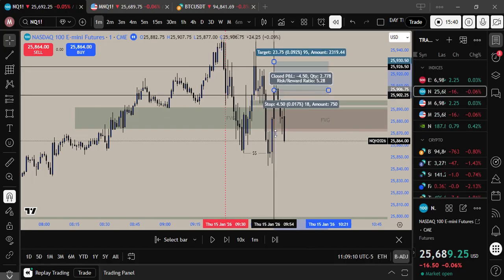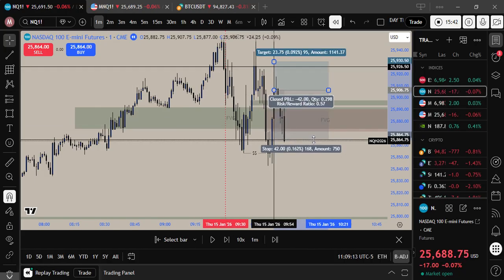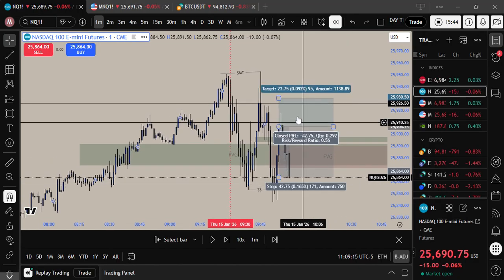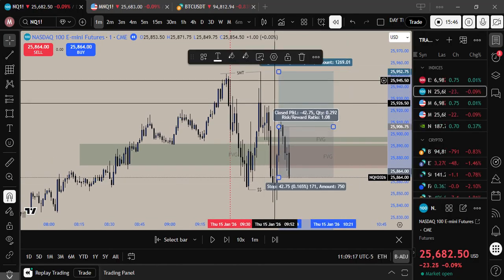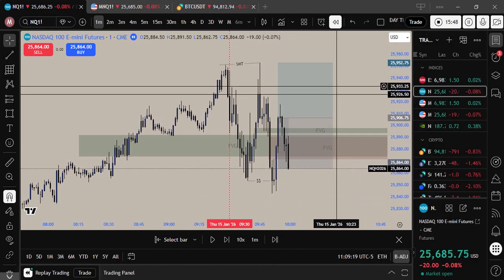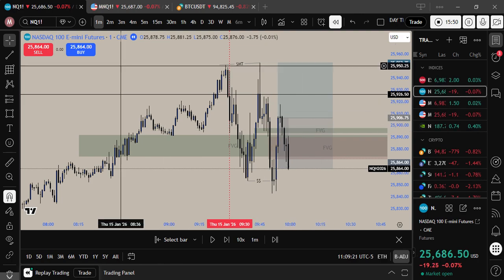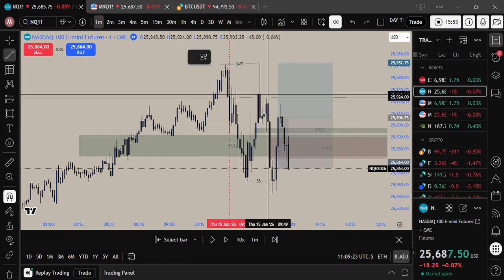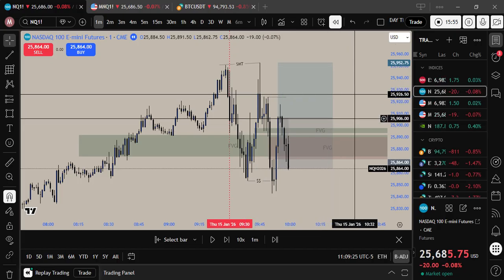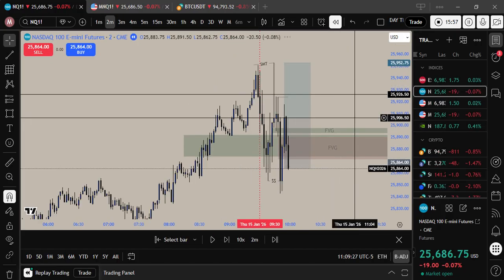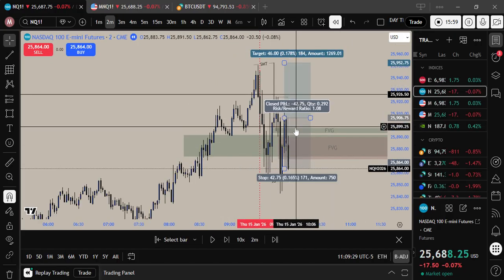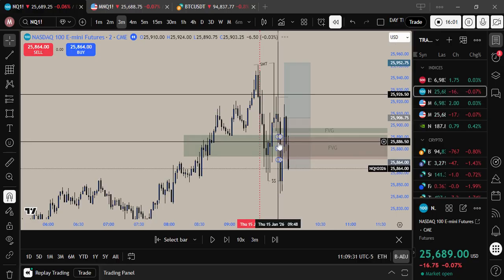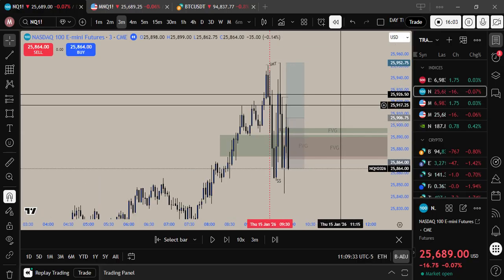I took a long, stop loss was probably something like here, targeting the high. And this one I actually lost because we didn't hit the internal high break even. This was a very good trade because we were still holding the 15 and we got a 1-minute, a 2-minute, and a 3-minute inversion to the upside.